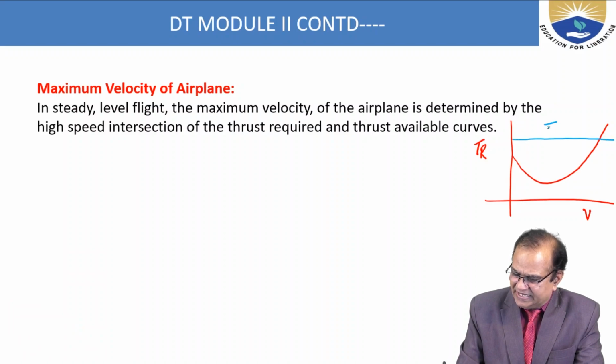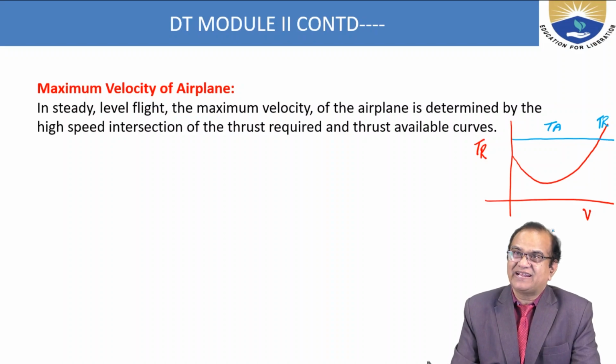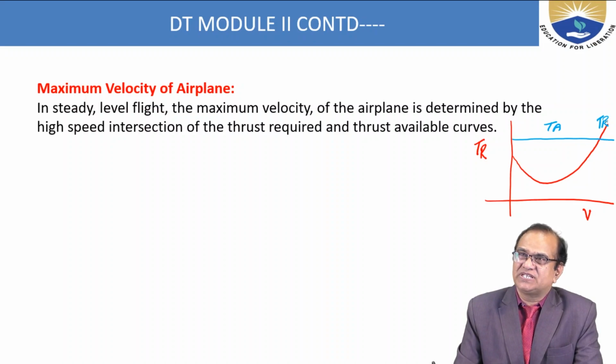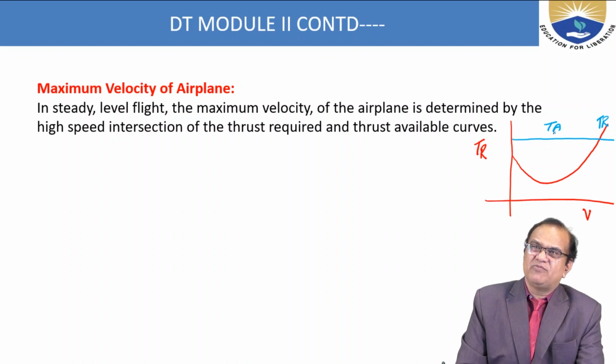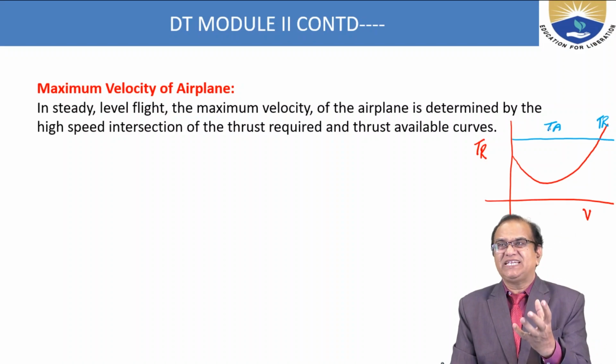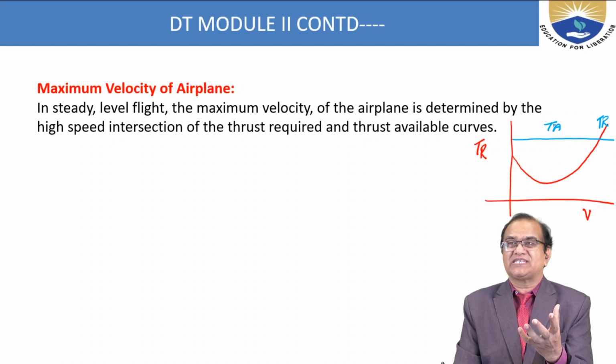This is the TA and this is the TR. This red color is the TR, meaning thrust required, and this is the thrust available. Thrust available means how much maximum thrust the engine is able to produce.